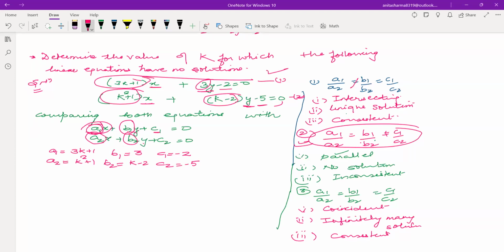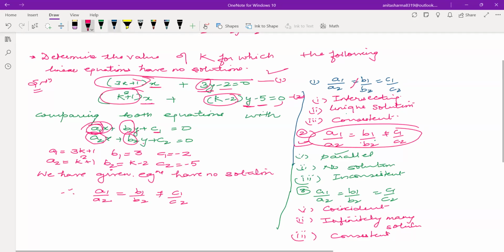Clear? Now you will write that we are given the equations have no solution. Therefore, A1 upon A2 is equal to B1 by B2 is not equal to C1 by C2.